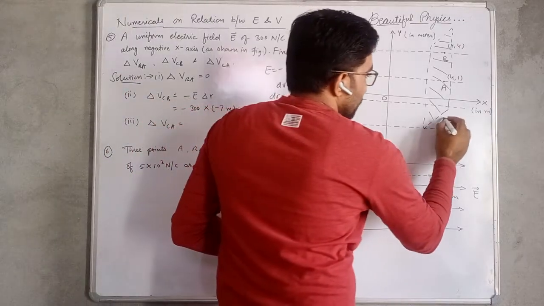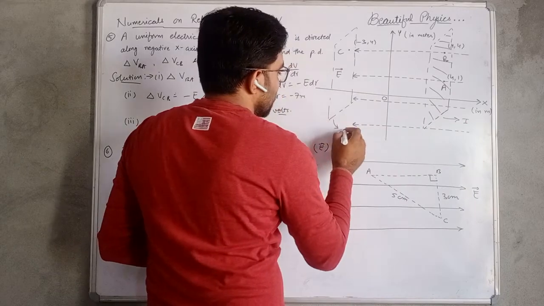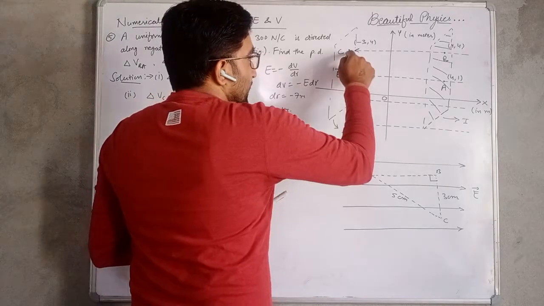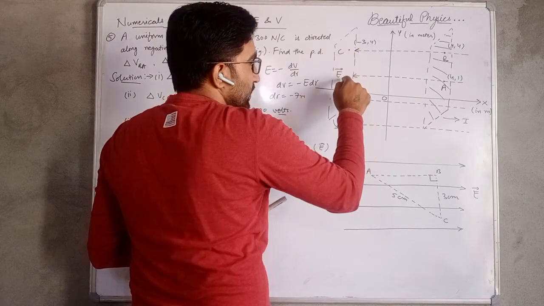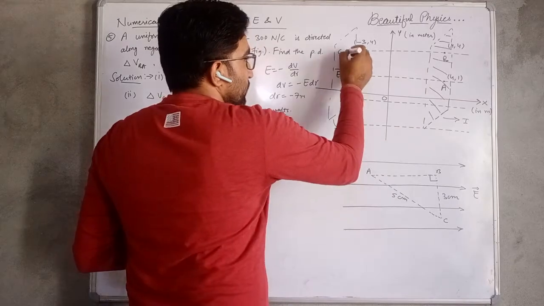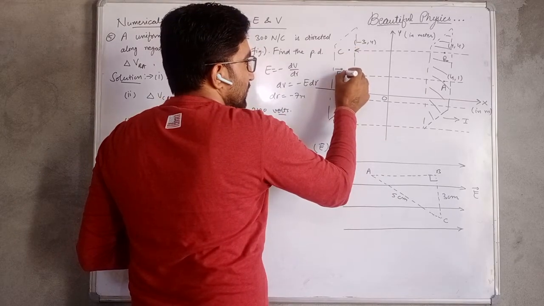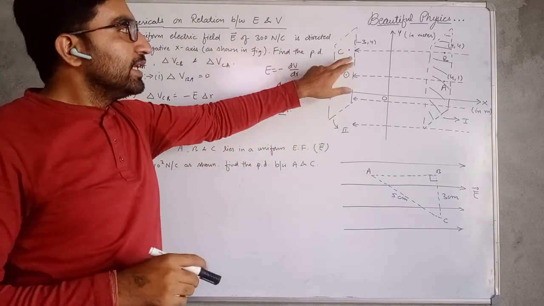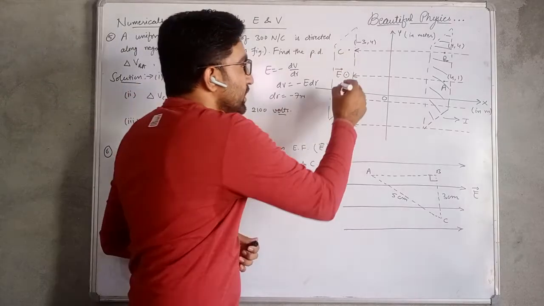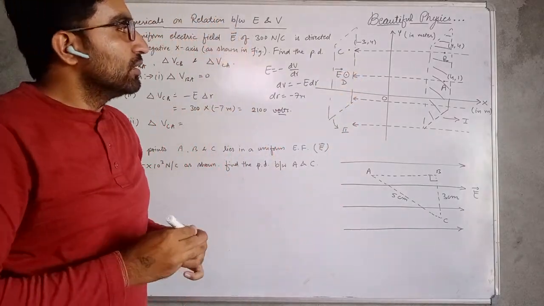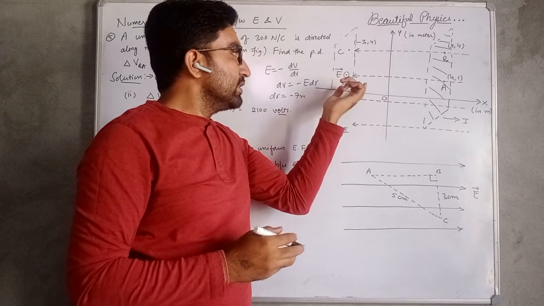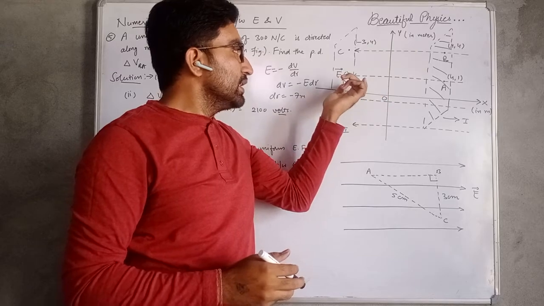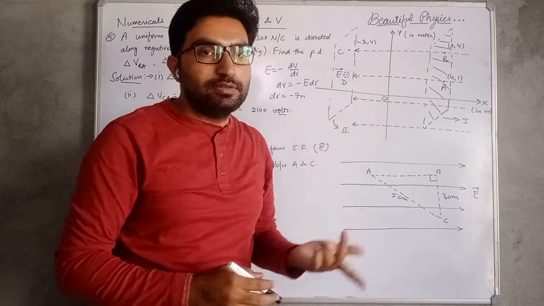This is our first equipotential surface and this is our second equipotential surface. If we take the point here or if we take the point here, there is no change in potential because this is an equipotential surface, and the potential at point C must be equal to potential at point D. Okay, so whether we find the potential difference delta CB or delta DA, they will be equal.